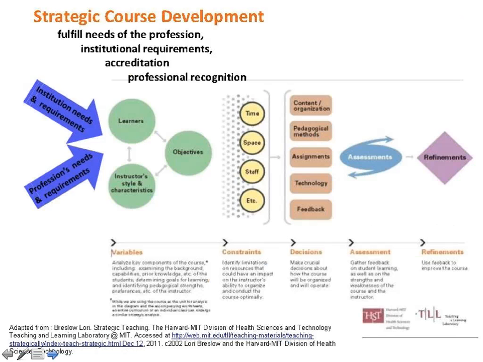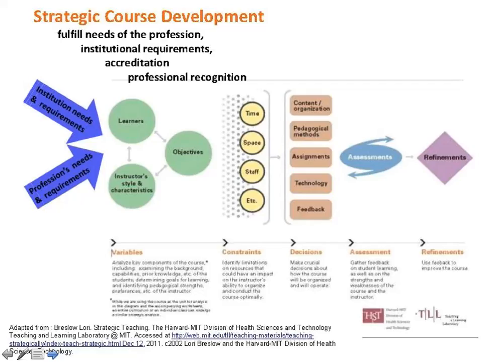So when I talk about strategic course development, I'm using the classic logic models that are represented by different types of diagrams, and you'll actually see the presenters using different flow charts.